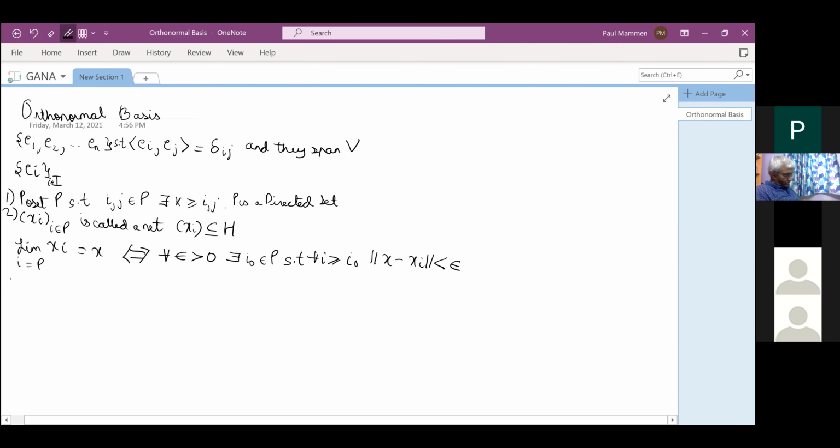The directed set that we're going to be working with here is P equal to Fi.